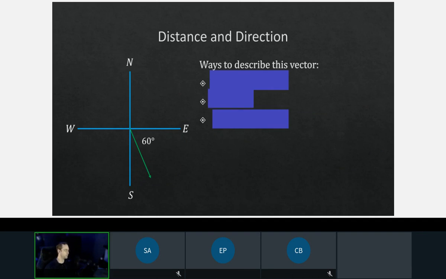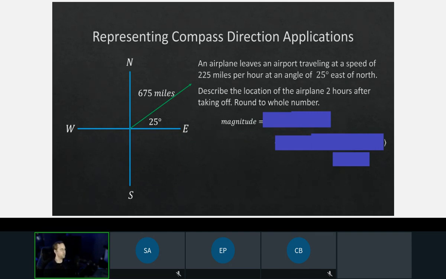Yeah, we're going to skip that. That's the exact same thing. Duplicate page. Moving on. All right, we got word problems.